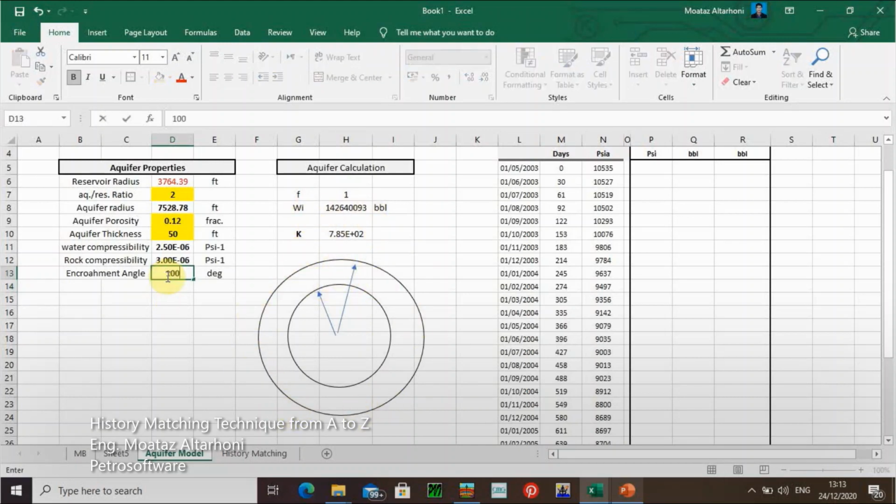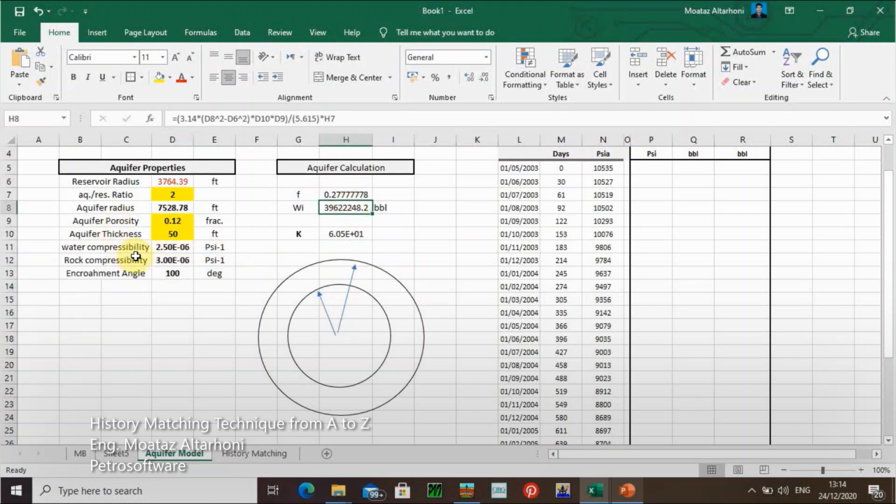If I decrease this, the value will be less than this number. That depends on the fraction of volumes. So now I need to use 100, and this is the first step.